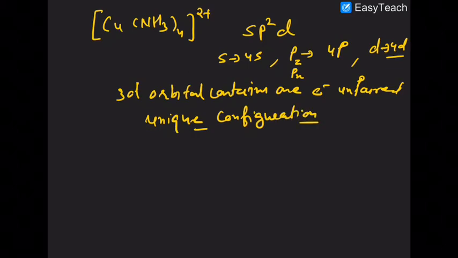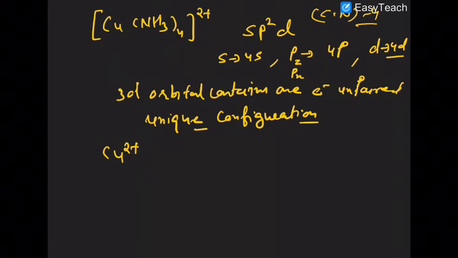Now what do you mean by that here? Copper in the +2 state, I am repeating once more. In the case of the copper 2 plus ion, if the coordination number is 4, its geometry can be either sp3 or sp2d or dsp2. dsp2 is ruled out because copper 2 plus never transforms into copper 3 plus.